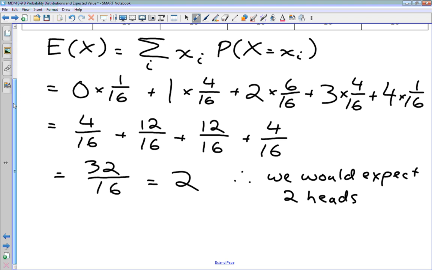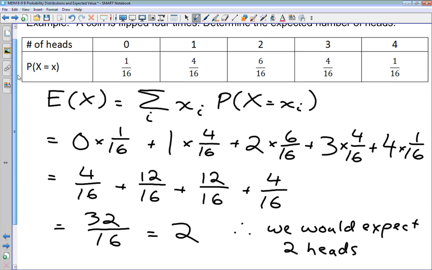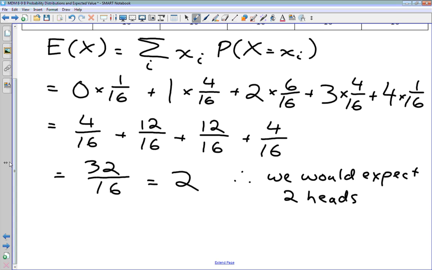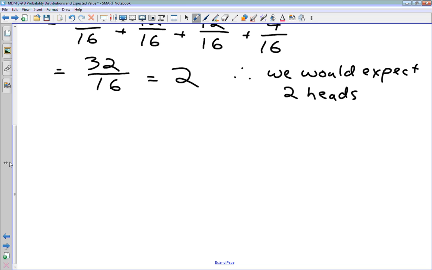Now, in this case, our expected value was one of our possible outcomes. We could get 2 heads actually turning up. It doesn't always have to be that way. Let's put a little note down in here.